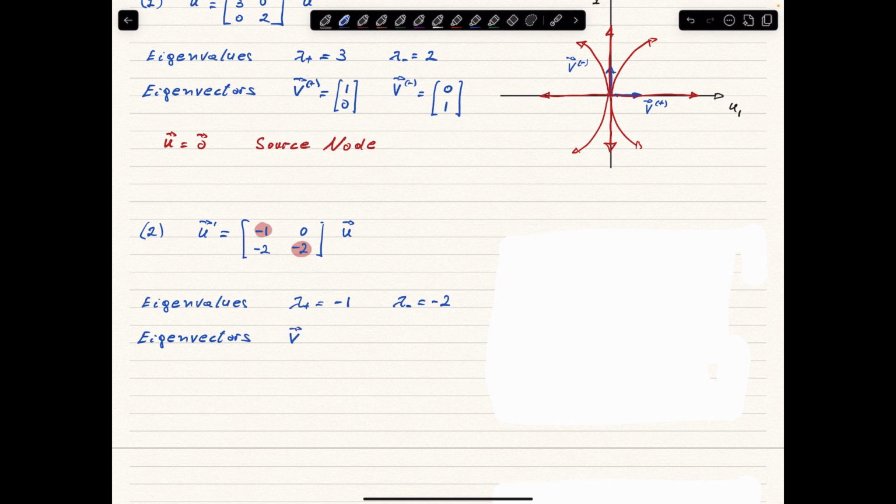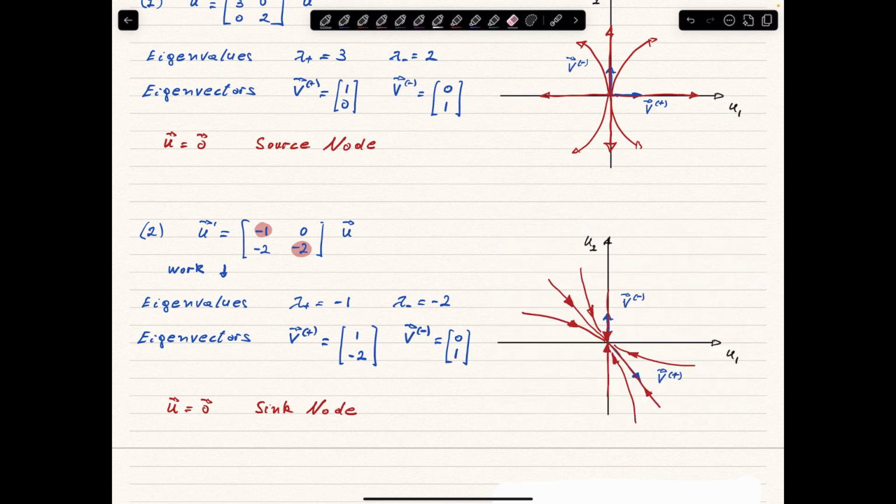And then what are the eigenvectors? Well, that requires some work, so let's put some work here. But the result is going to be that v plus is 1, -2. This is one possible eigenvector, and the other, v minus, is easy to see, is 0, 1. So now the solution u equals 0, the origin, is now a sink node.